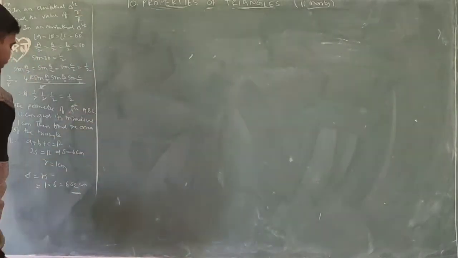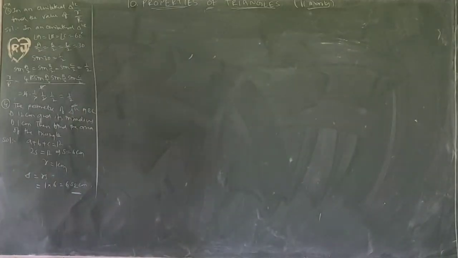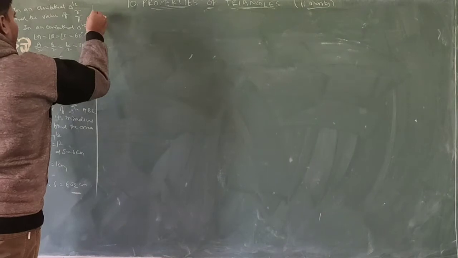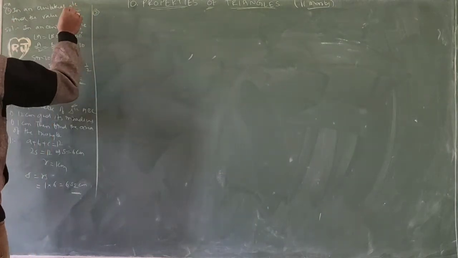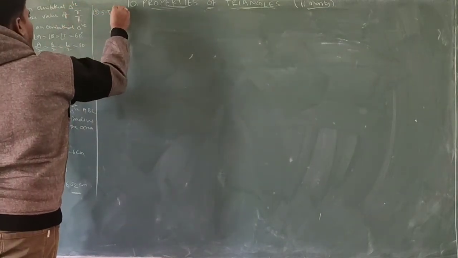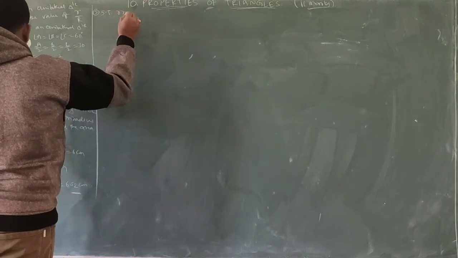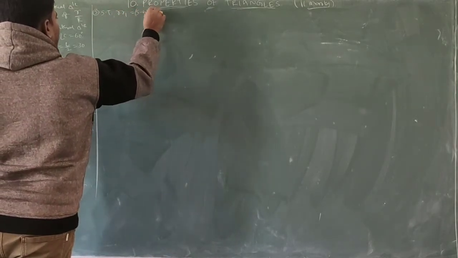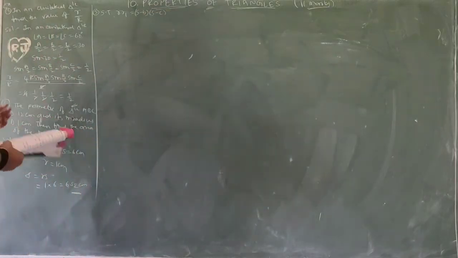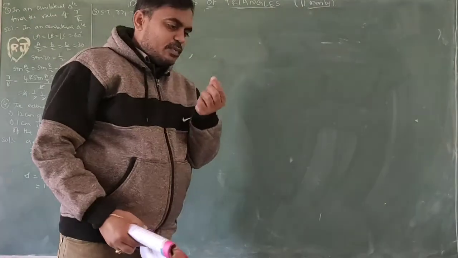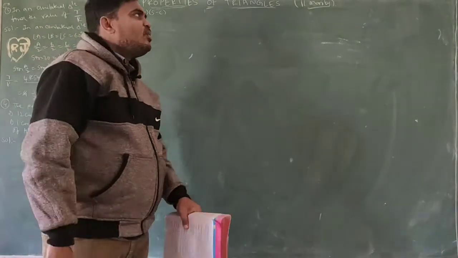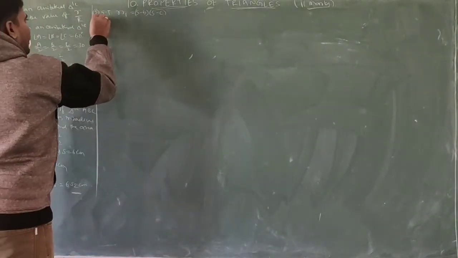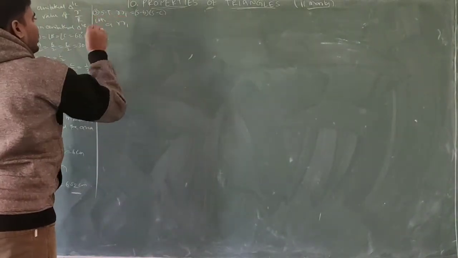Next, question number 5. Show that r into r1 equals (s minus b) into (s minus c). So LHS: r into r1.